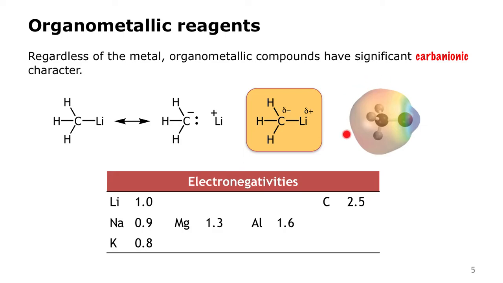If you calculate the electron distribution and generate an electrostatic potential map for a simple compound like methyl lithium, you can see that it's showing this range of colors where positive is blue and negative is red. That's a very highly ionic compound. And so it's just simply a difference in electronegativity between these very low electronegativity metals and carbon.